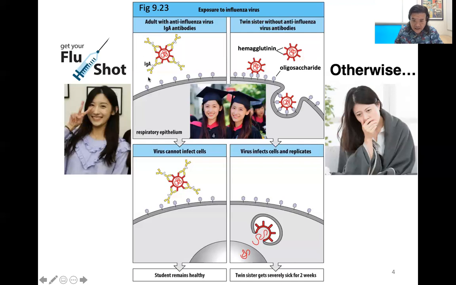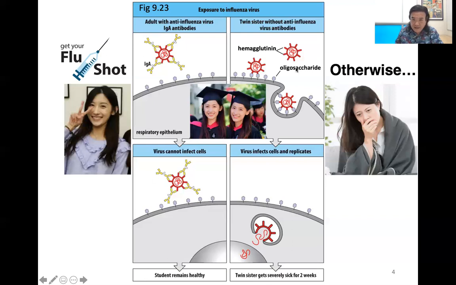Her body selected for B cells that made Ig, and those Ig are now part of her memory B cells, so that when she breathes in the real influenza virus, her body starts producing high quality IgAs that bind to and neutralize the virus. And as a result, the virus is not able to gain entry into the cells of her respiratory system, and the vaccinated sister remains healthy.